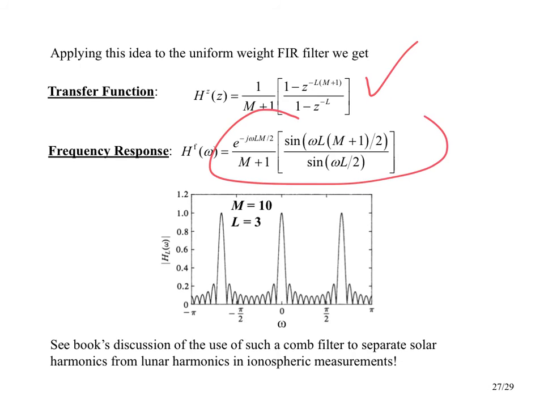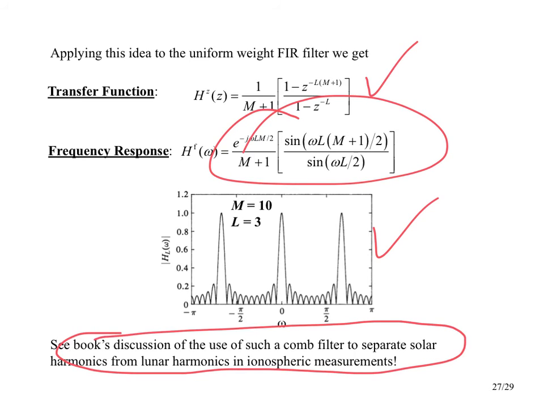And this would be our frequency response, and this would be the comb filter that would result. The book has a nice discussion that I'm not going into, but it shows how a comb filter can be used to separate solar harmonics from lunar harmonics in ionospheric measurements. So it's a cool application of a comb filter. You might want to take a look at that to get a feeling for how these things actually play out in the real world.